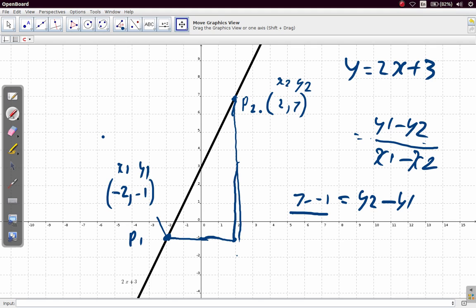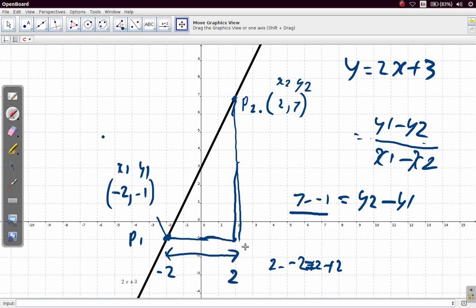And the width, how wide this is going to be: this is right below 2, and this is at negative 2. So it's this 2 minus this negative 2, that's how wide it is. 2 minus negative 2 is 2 plus 2, which is 4. That's why I have 1, 2, 3, 4 wide.